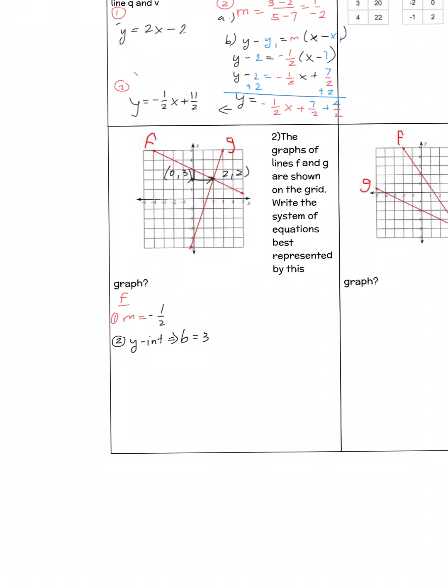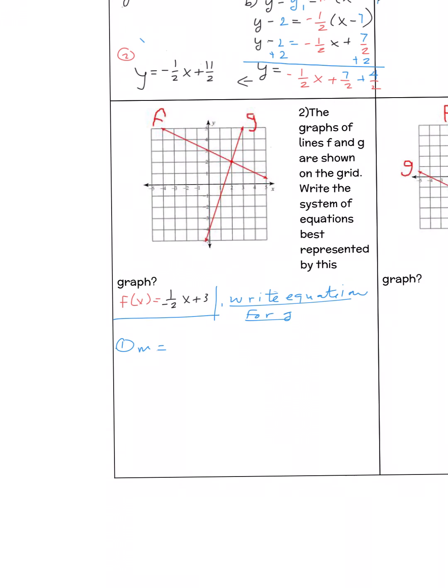So since that equals 3, then my third part is, what is it in slope-intercept form? So I just fill in the blanks. So y equals negative 1/2 x plus 3. So that's my first equation.